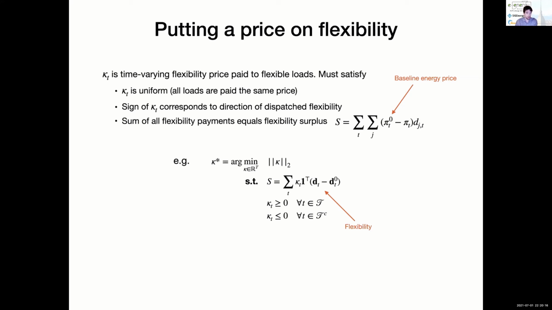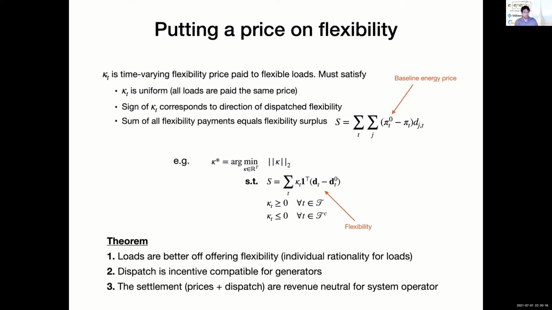All right, so under these properties, we get the following provable result. Basically, loads are better off offering flexibility than consuming their baseline. This is the property in mechanism design of individual rationality, that by participating in the market mechanism, loads will be at least weakly better off. The second is that the dispatch retains its incentive compatibility on the generation side.